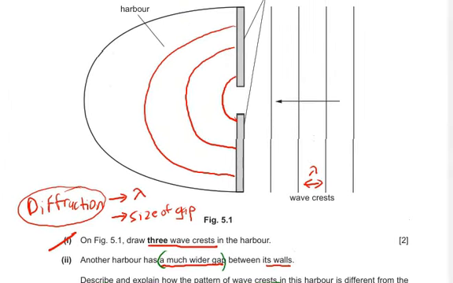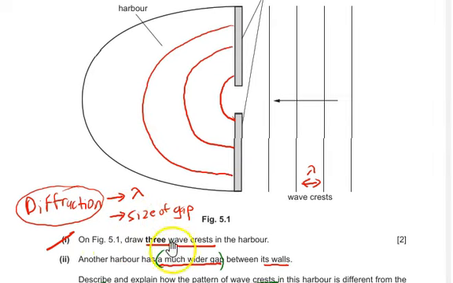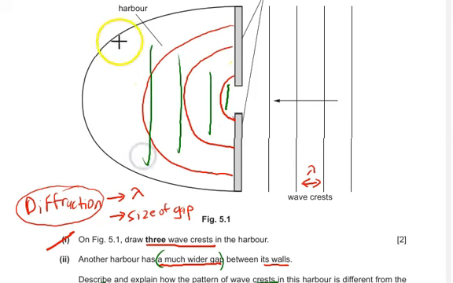The red one is the answer for the first one, and the green one should be like this, a straight line. This is the answer for the second one.